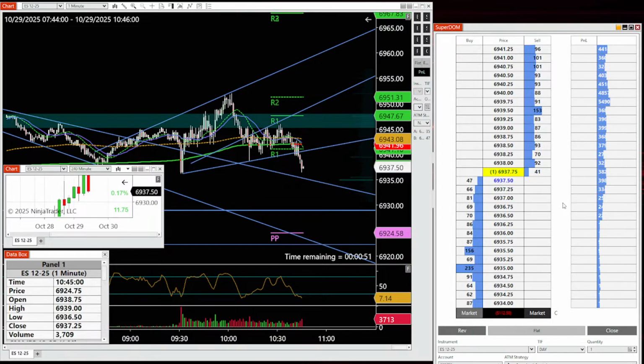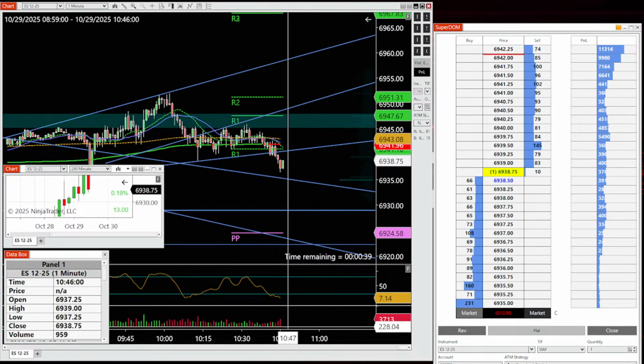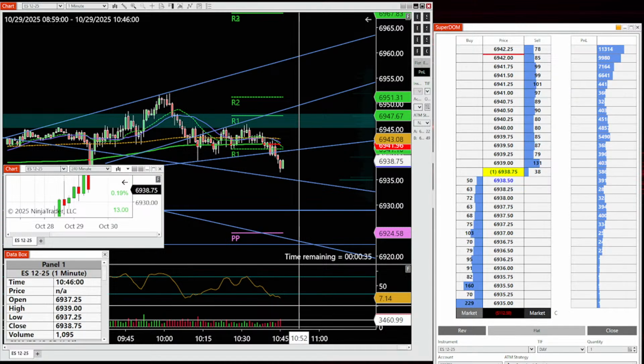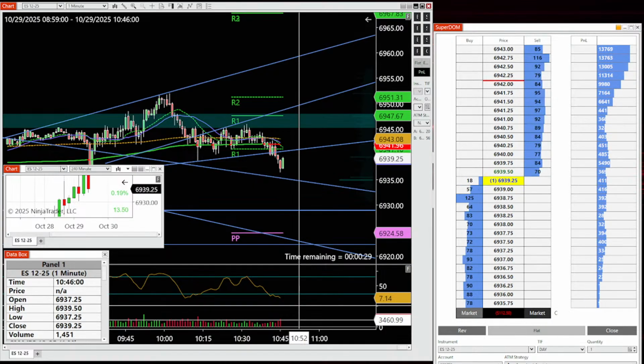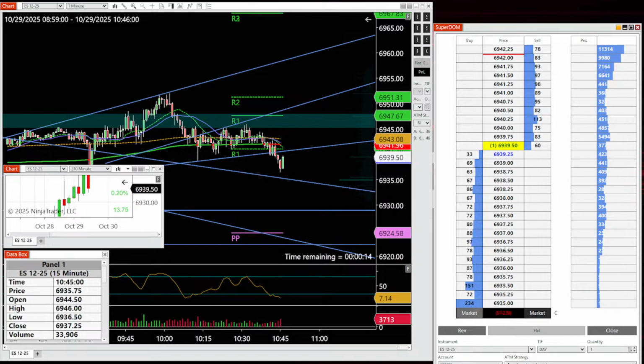And there it is. Is it getting that bounce? $36.50, and the early low is 36 and a quarter, so it didn't break it.